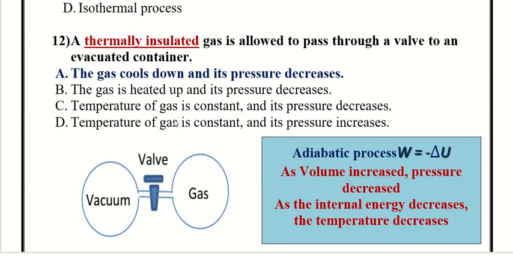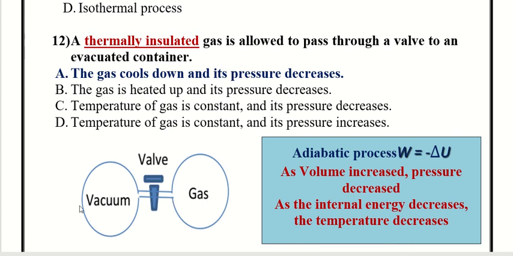Question number 12. A thermally isolated gas is allowed to pass through a valve to an evacuated container, in a vacuum. What would happen when this gas is moved?